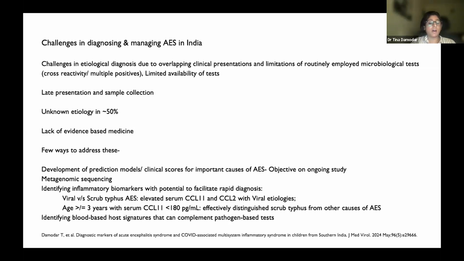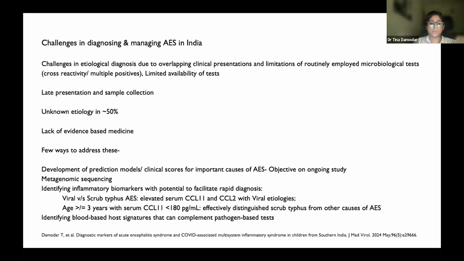There are a few ways that we could address these. One is the development of a clinical prediction model or clinical scores that will not replace diagnostic tests, but at least point towards a probable etiology, so you can confine your testing to 1 or 2 pathogens and make it more cost effective instead of doing a whole panel. This is one of the main objectives of my ongoing study.